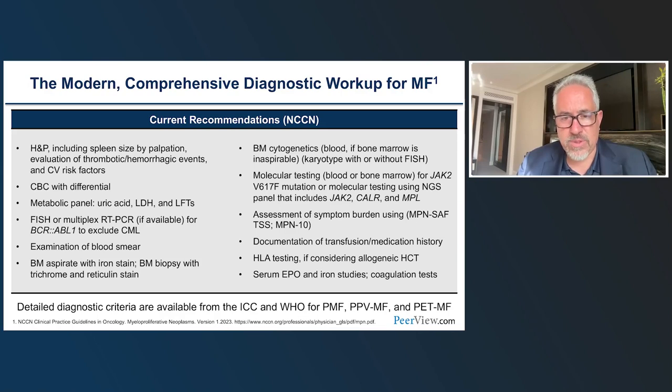Be sure to capture their symptoms, not just by asking questions, but by using the tools out there, the MPN-10 symptom score, which helps quantify baseline symptomatology. Get a sense of medications and need for transfusions. Obviously, if they're younger and higher risk, we may be thinking about HLA typing for possible stem cell transplantation in the future.